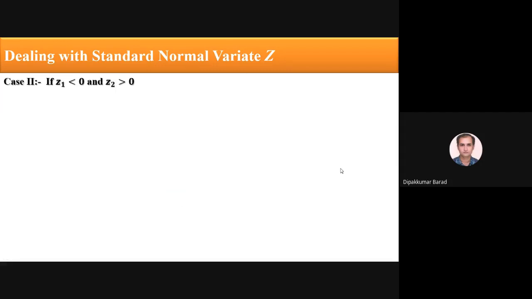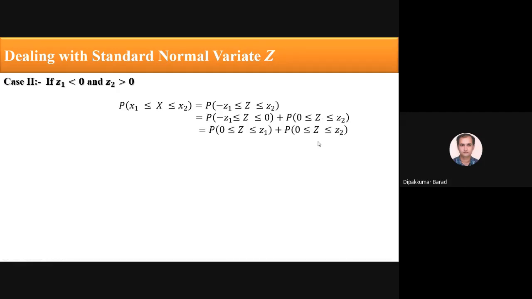And if Z1 is less than 0 and Z2 is greater than 0, it means Z1 is negative. So I call it minus Z1. It means Z is in between minus Z1 and 0, and Z between 0 and Z2. Now because of the symmetry along the y-axis, whatever area we get between minus Z1 and 0 is the same as the area between 0 and Z1.